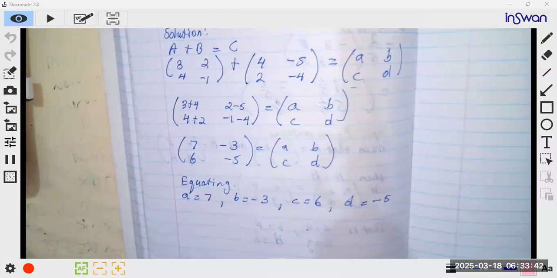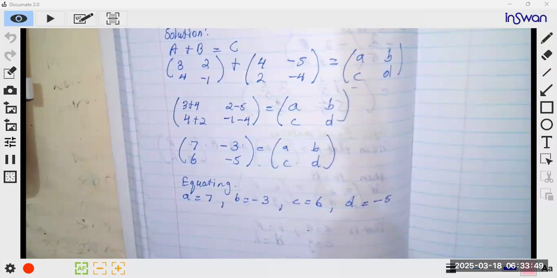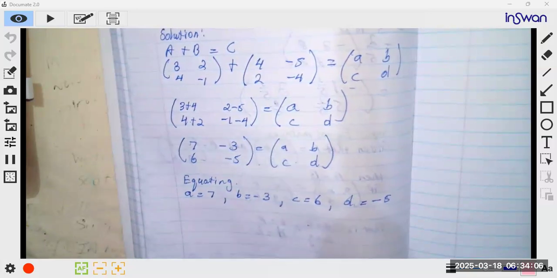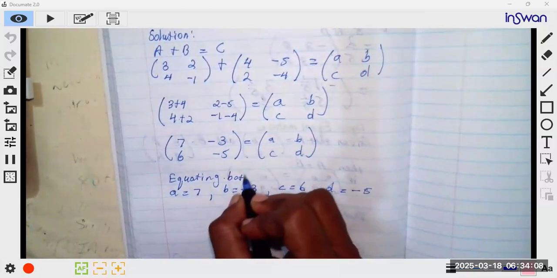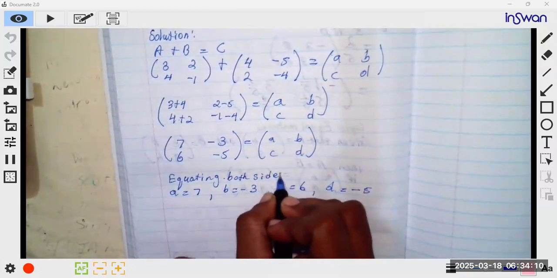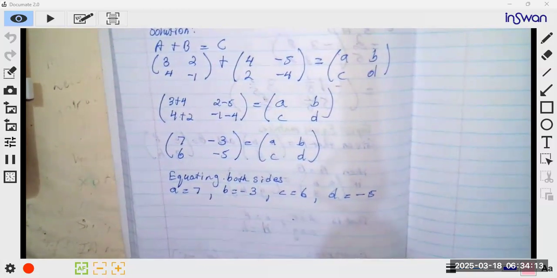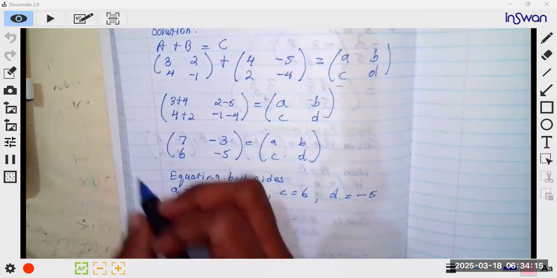Understand that one, yes or no? All right. So you could say equating both sides. So take that down and that'll be example 1.